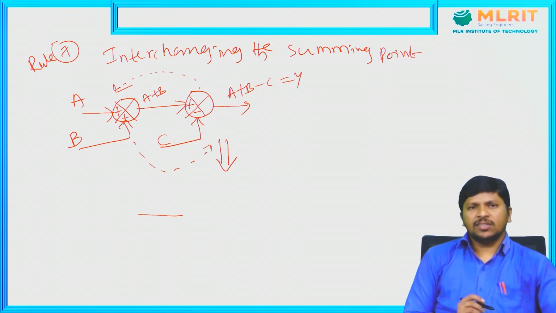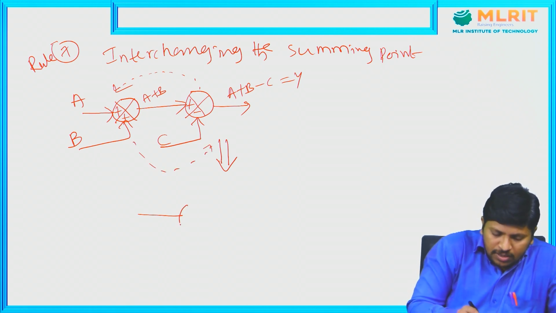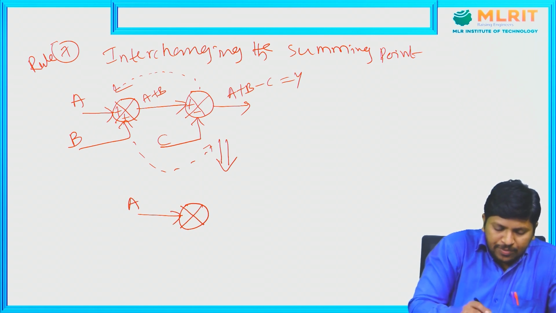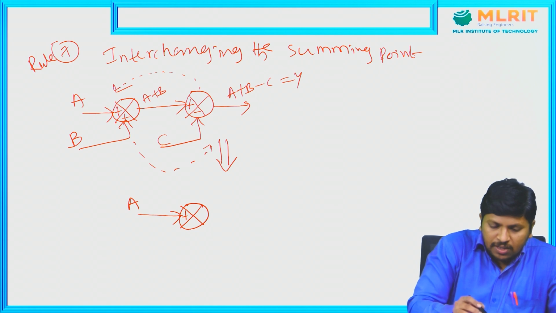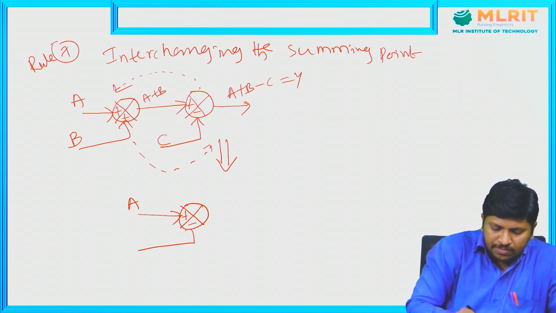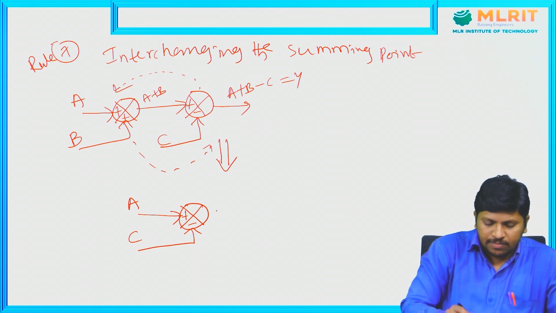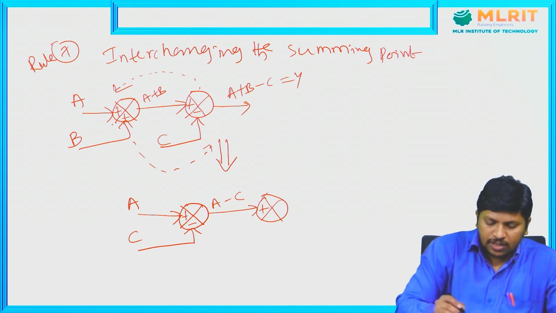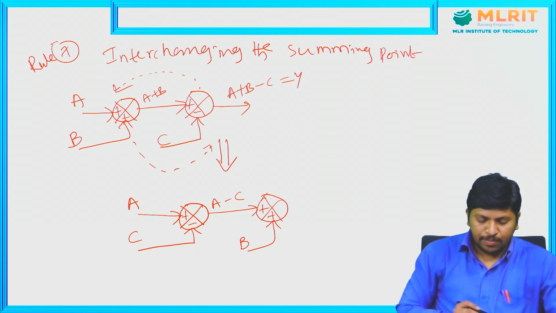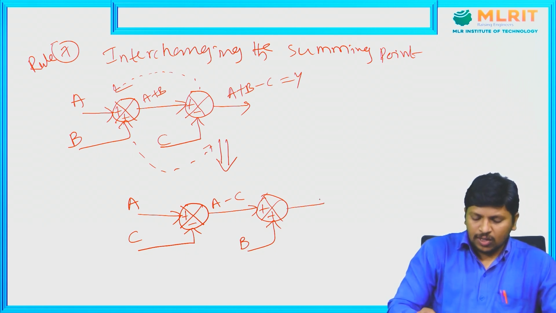Observe, this is my input signal A. At this summing point the sign is negative for C, so the output is A minus C, and this is applied to the second summing point, whose second signal is B. What is the output here?